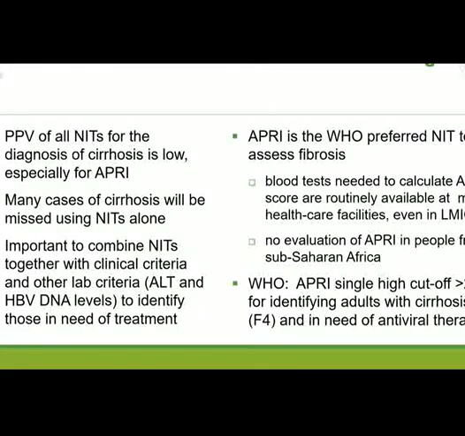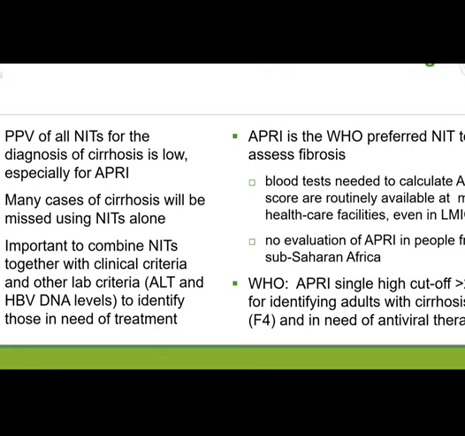So the positive predictive value of all non-invasive tests for the diagnosis of cirrhosis is low. Many cases of cirrhosis will be missed if we are using only non-invasive tests. It's important to incorporate non-invasive assessment along with the clinical criteria and other lab criteria to identify those in need.